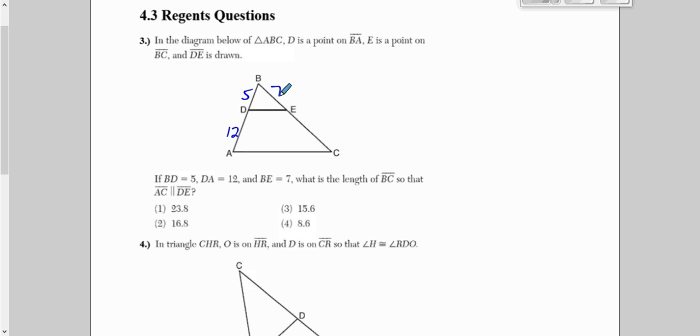Now they're saying, what's going to make these angles congruent to get the lines parallel? So we'll call this X. So let's put x over 17. X over 17? Where's 17 come from? 5 plus 12.